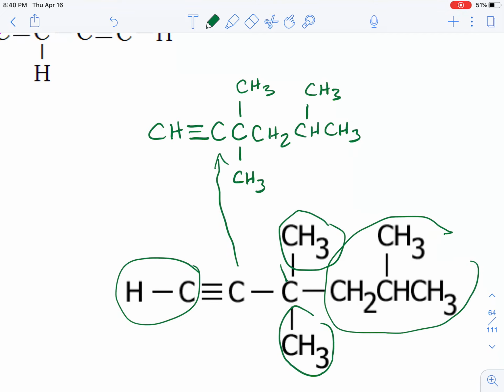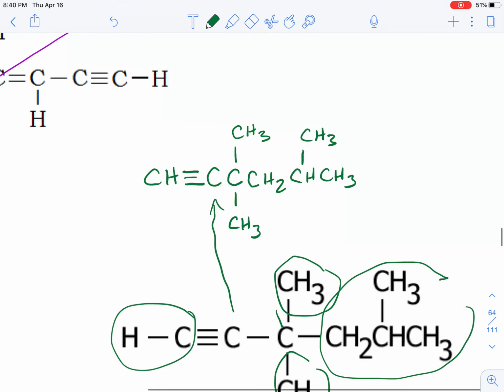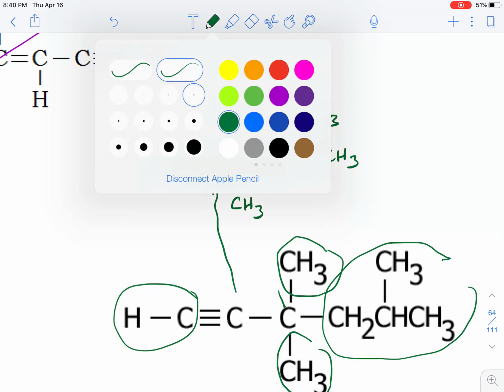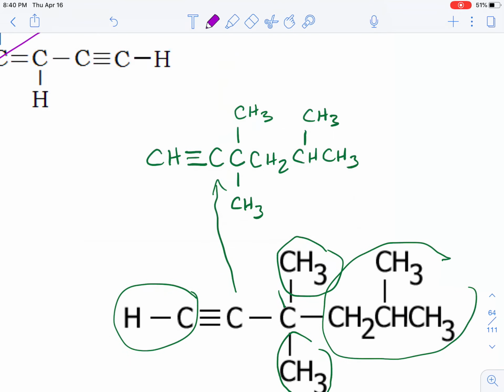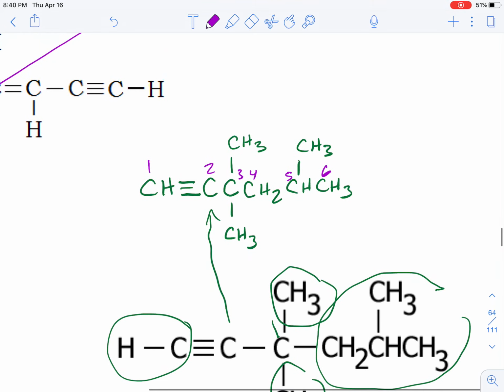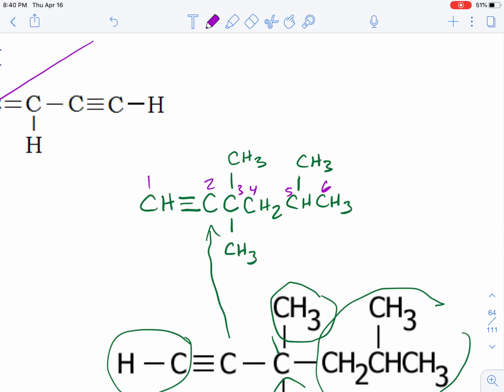So then how would you depict this in terms of a skeletal structure? Once again, we need to figure out the number of carbons in our parent chain. And so I'm just going to do this very arbitrarily. 1, 2, 3, 4, 5, and 6. So it looks like I have 6 carbons. And then my first two has a triple bond. So I'm going to do a triple bond to represent carbon 1 and carbon 2.